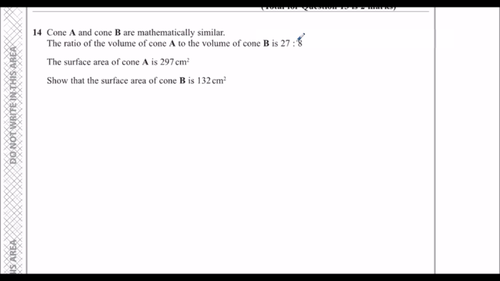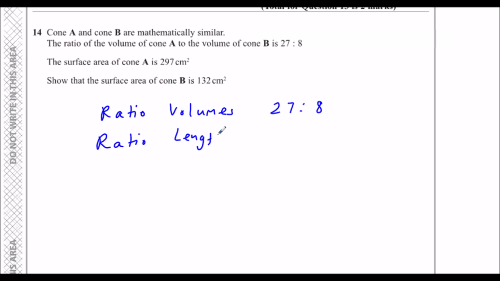So we've got the ratio for volumes, 27 to 8. So that's the scale factor cubed. So the ratio for lengths is going to be the cube root of these. So cube root 27 and cube root 8.